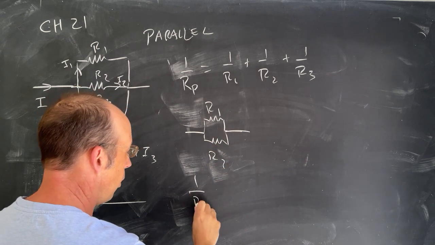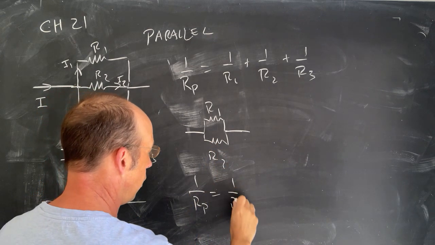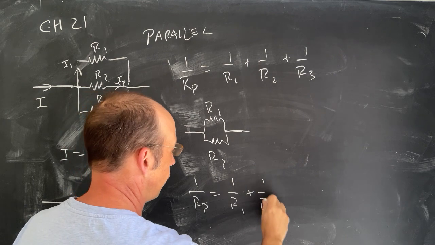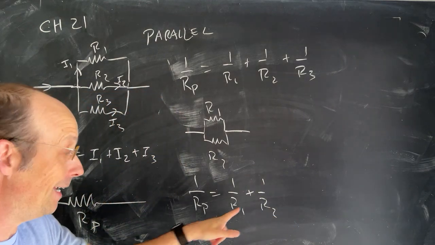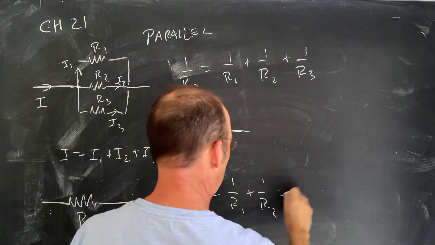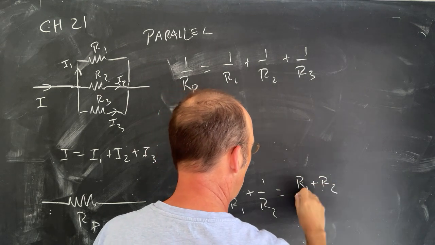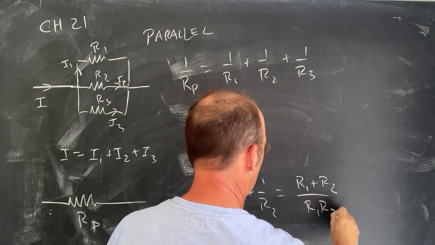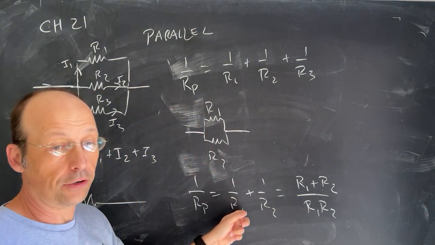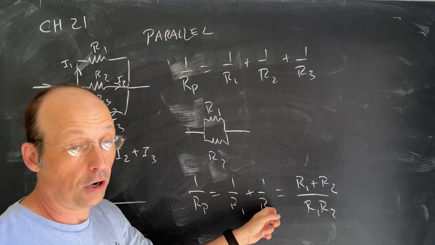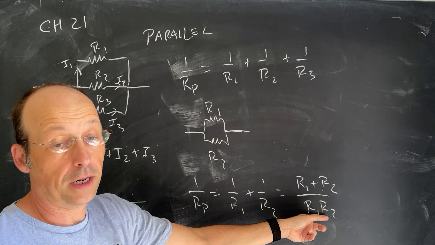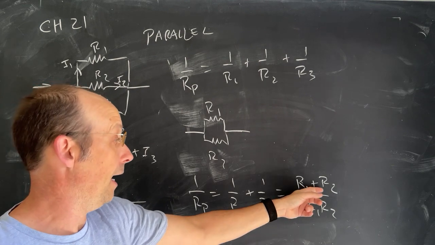Then 1 over R parallel is 1 over R1 plus 1 over R2. I can get a common denominator, and that would be (R1 plus R2) over R1 R2, right? Because I'm going to multiply this by R2 over R2, and this by R1 over R1, giving a common denominator of R1 R2, and then I add these.